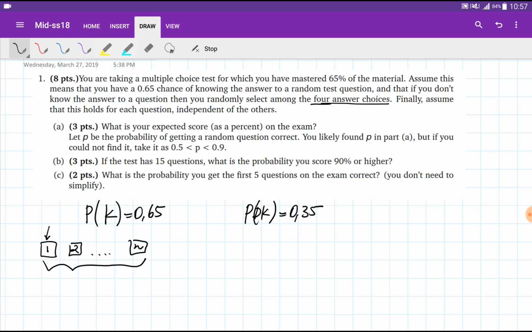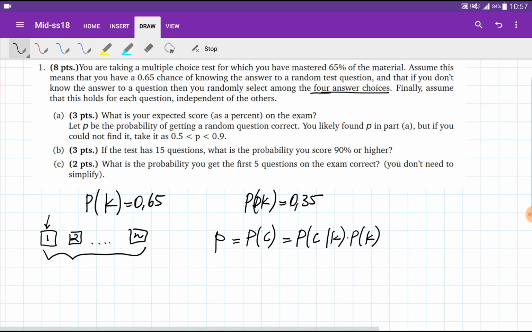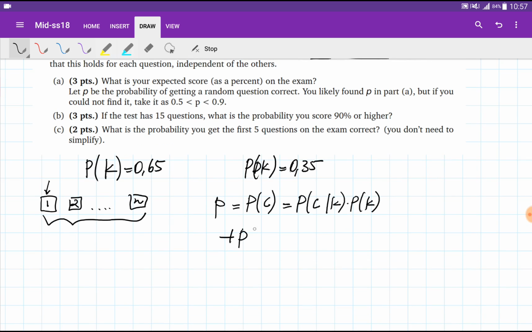So in order to do this, first of all, we need to calculate the probability of success in every question, which is the probability of answering correctly to each question, right? The student can answer correctly either if he knows the answer, multiplied by the probability of knowing the answer, plus the student can answer correctly if he doesn't know the answer, multiplied by the probability of not knowing the answer.